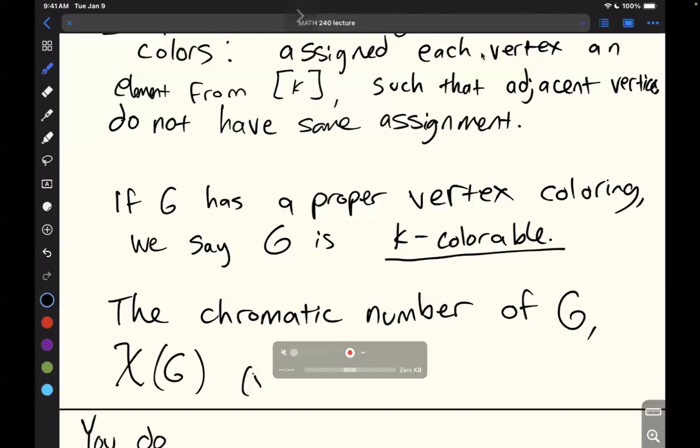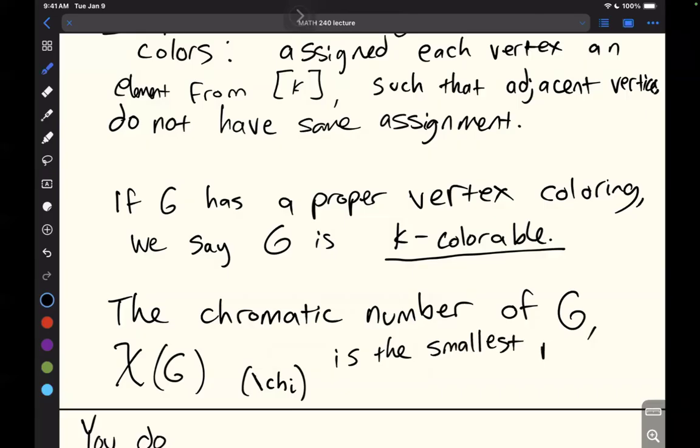Okay, so that's \chi, all lowercase. I'm going to run out of room. It is the smallest possible value of K.